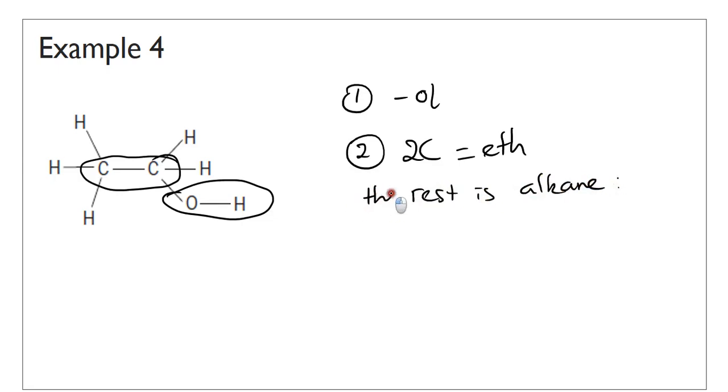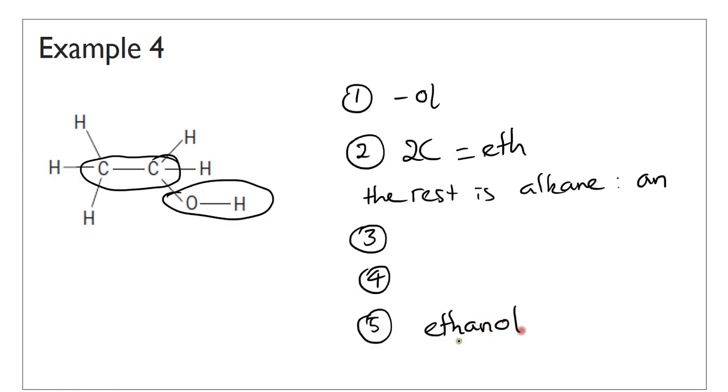There is no branching, and you don't have to indicate the position of the hydroxyl group in this case because there are 2 carbon atoms, so it's always on carbon 1. So you can skip step 4, and the name is ethanol. This is drinking alcohol, by the way.